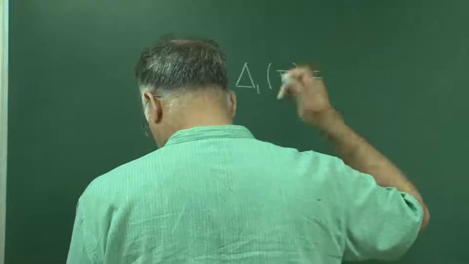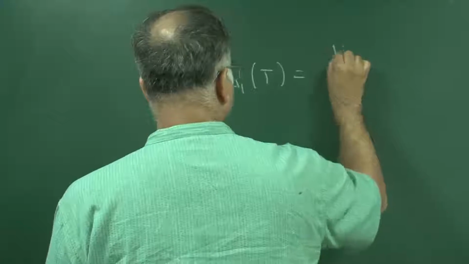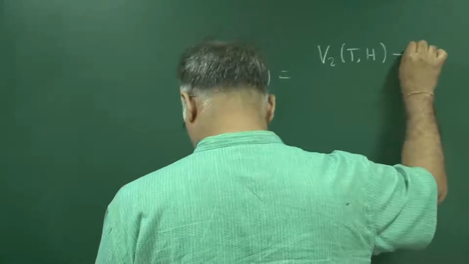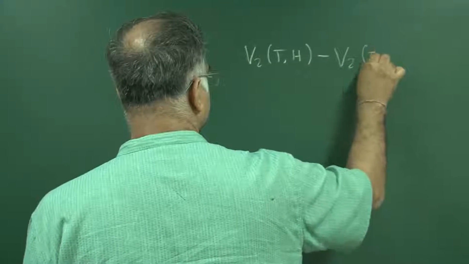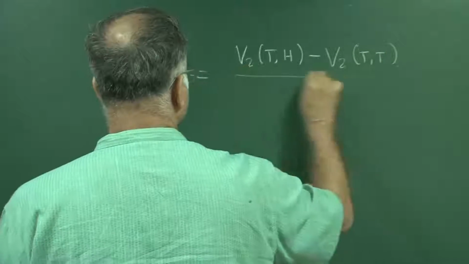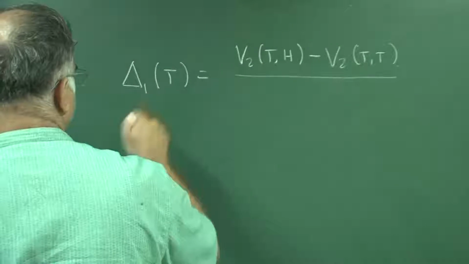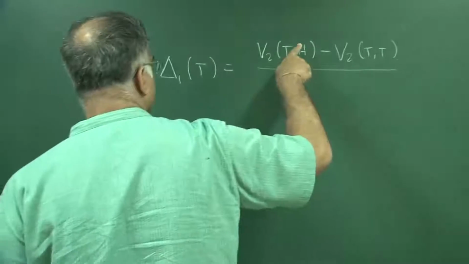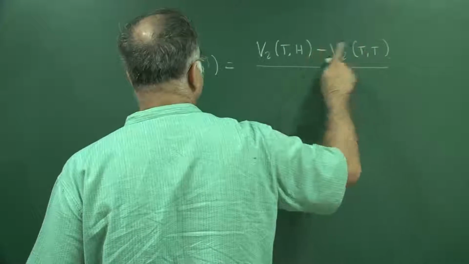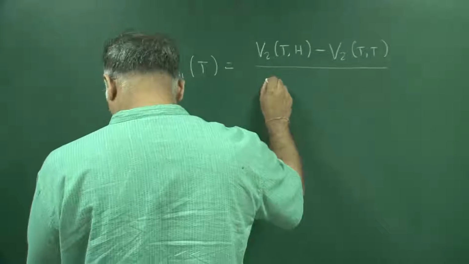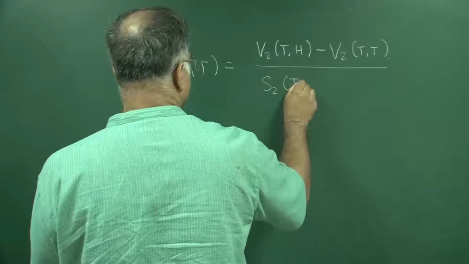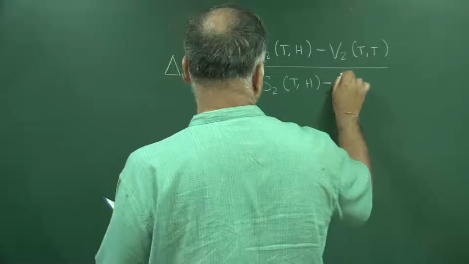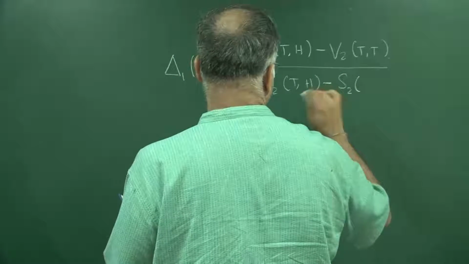Delta 1 at time t is V2 TH minus V2 TT. If the first outcome is T, the second outcome could be H and T. So V2 TH minus V2 TT, the same story, just writing it in a slightly complicated way.